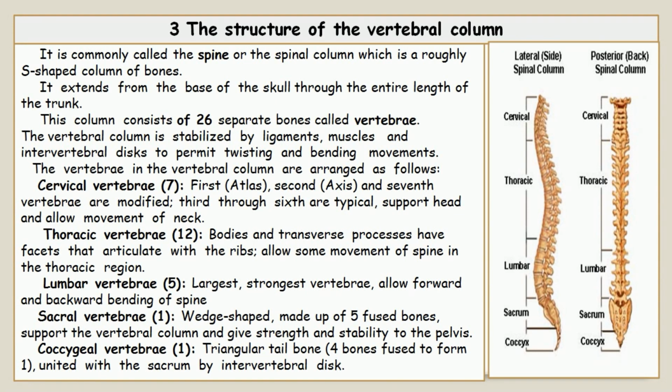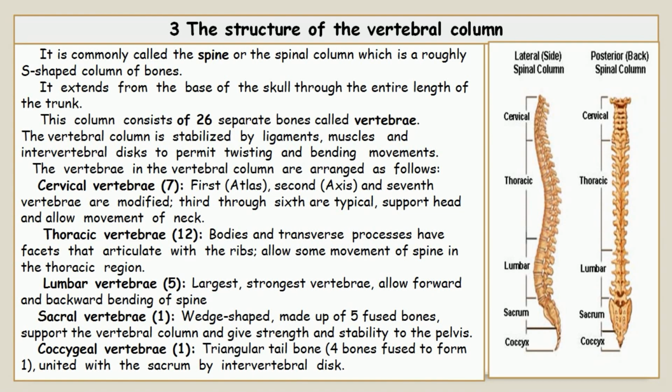This column consists of 26 separate bones called vertebrae. The vertebral column is stabilized by ligaments, muscles, and intervertebral discs to permit twisting and bending movements.